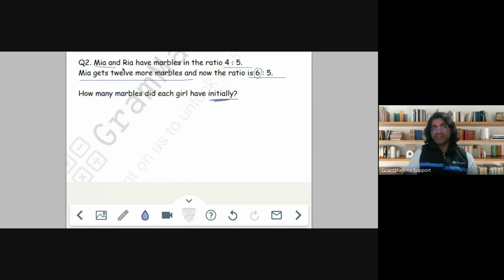So Mia and Ria have marbles in ratio 4:5. I'll translate that into maths. Mia, Ria, 4, 5. Correct? Same method. I don't know how much Mia has and how much Ria has. Only thing I know is the ratio 4:5.